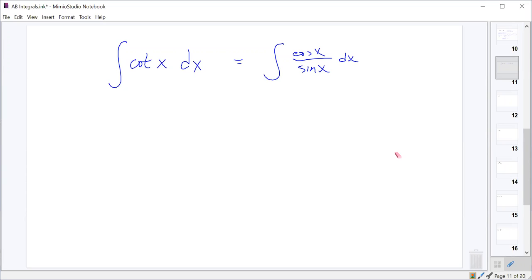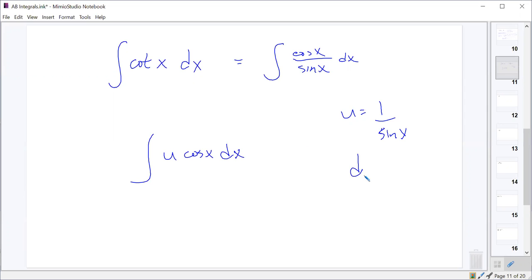Could you use u equals 1 over sine x, or cosecant x? Okay, so if I let u equal 1 over sine x, and I rewrite this, 1 over sine x would be now u, we'd have u cosine x dx.